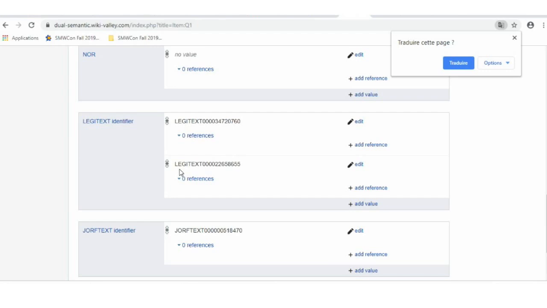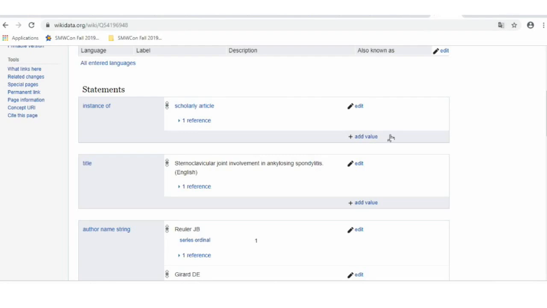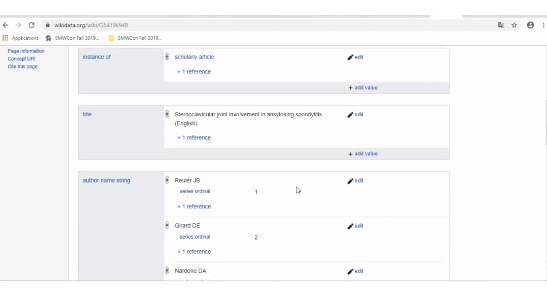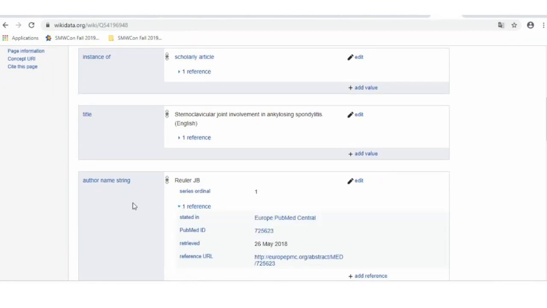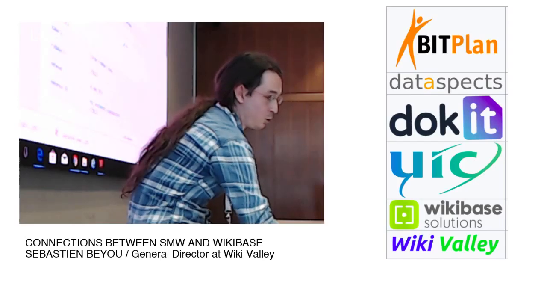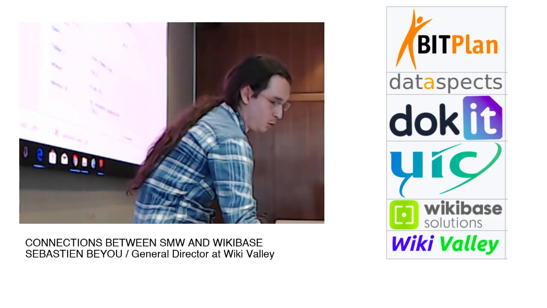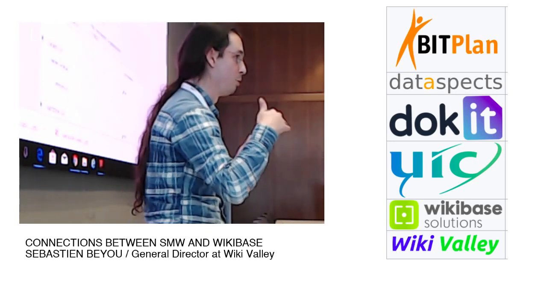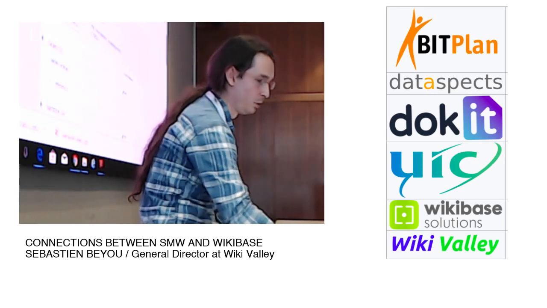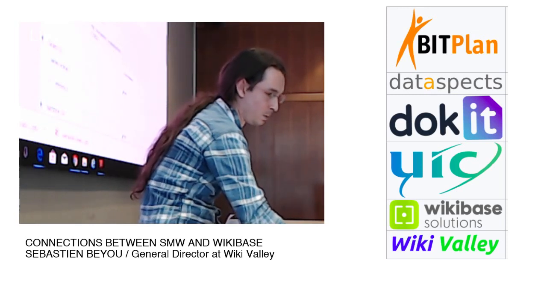Another difference between the two semantic approaches is that Wikibase has a specific meta model. So I will take Wikibase. Here, for example, on some property, you have a value, a qualifier to qualify the specific value, and some references.